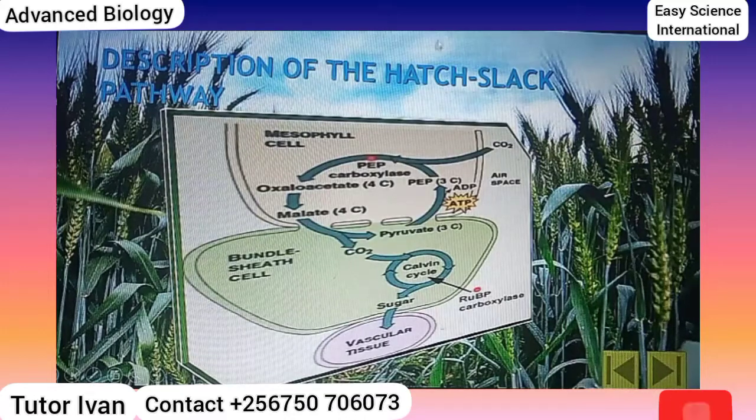Initially, carbon dioxide diffuses into the mesophyll cell. In the mesophyll cell, carbon dioxide is fixed and accepted by a molecule called PEP, that is phosphoenolpyruvate, under the influence of an enzyme called PEP carboxylase.